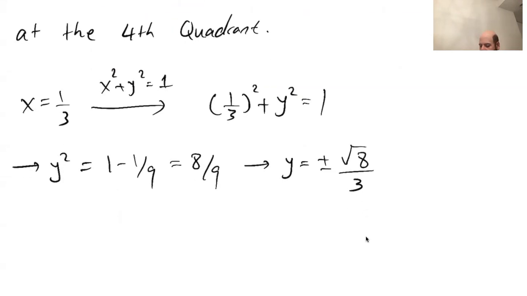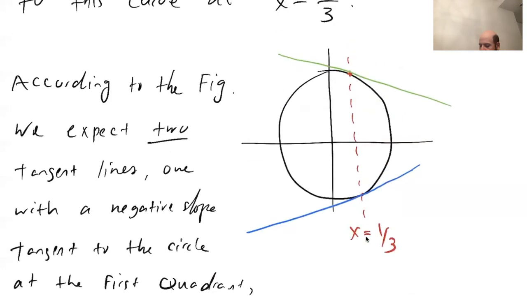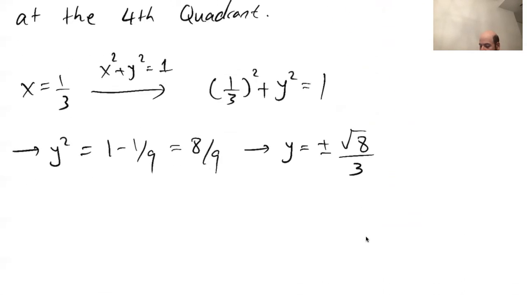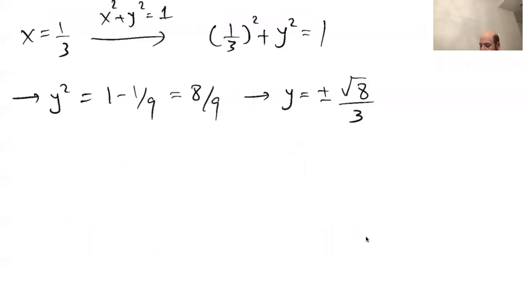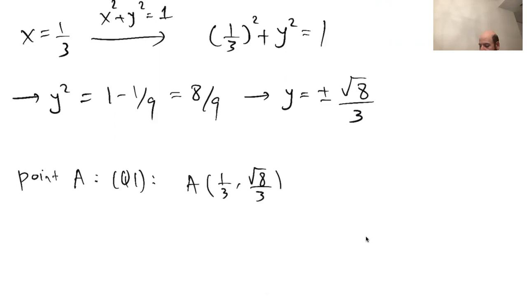So we have 2 points here. Let's say this one, I can call it point A. And this one, let's call it point B. So point A in quadrant 1, x value is 1/3, y value is root 8 over 3.